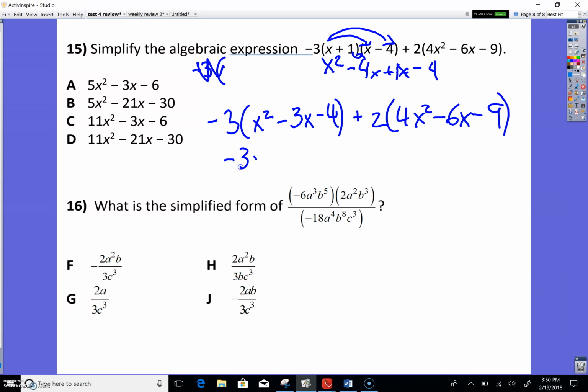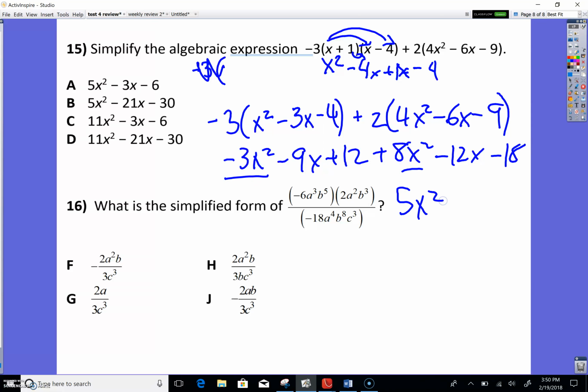Okay, so negative 3x squared minus 9x plus 12 plus 8x squared minus 12x minus 18. That becomes 5x squared. That becomes minus 21x. And this becomes minus 6.